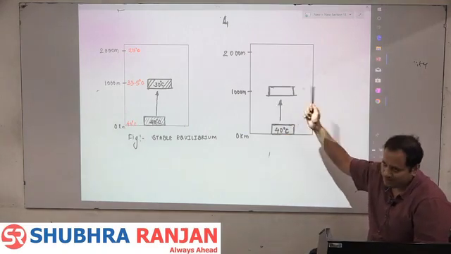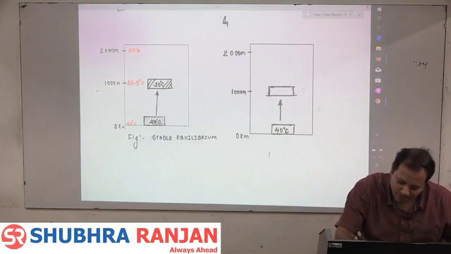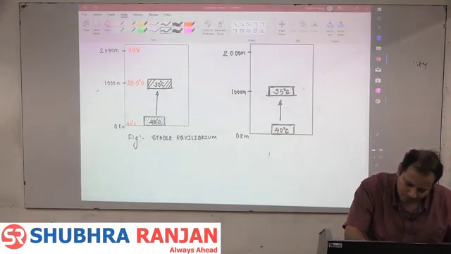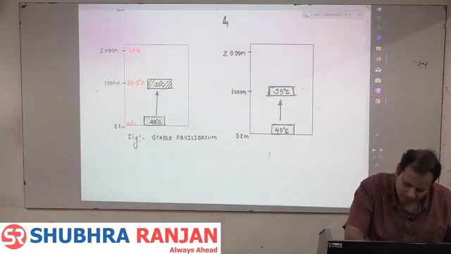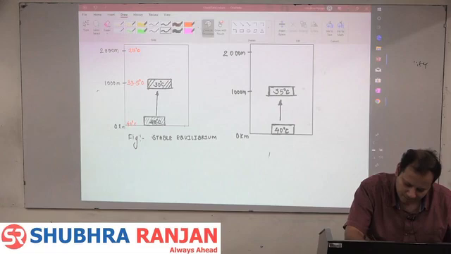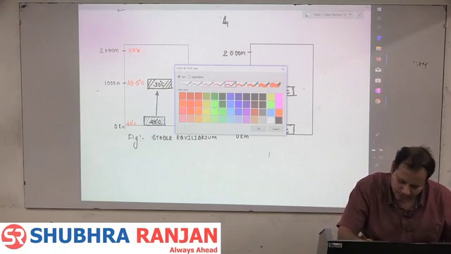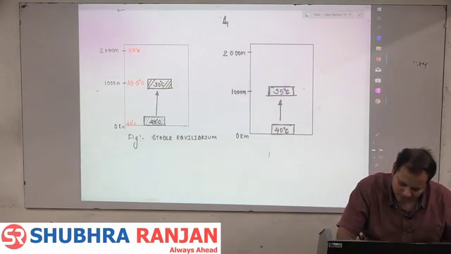4 degrees Celsius, the temperature of the air parcel will become 35 degrees Celsius, while the temperature of the surrounding air as per the lapse rate is 36 degrees Celsius.